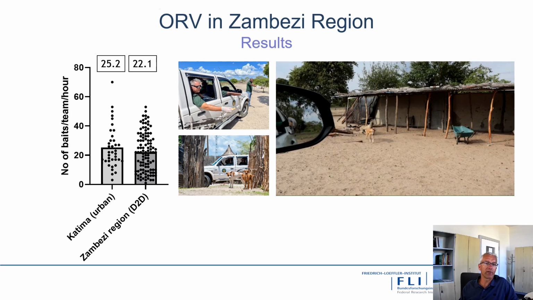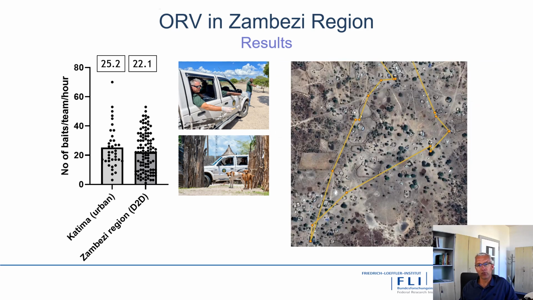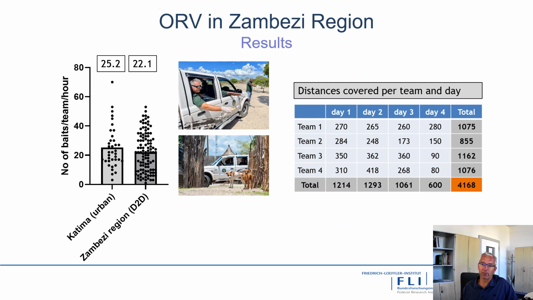In urban areas, we vaccinated more than 25 dogs per hour per team, and in rural areas it was 22 dogs per hour per team. In rural areas, it was based on a lot of driving. You see that here from point to point to point. We were driving along in these villages from homestead to homestead, and we covered almost 1,000 kilometers per team during these 4 days.